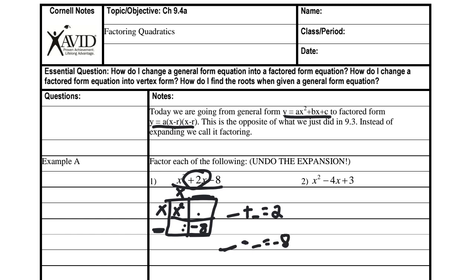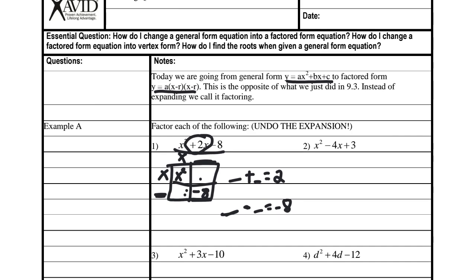So now we need to go through the factors of negative 8 and figure out which ones, when we add them, give us 2. So let's work through the factors of negative 8. Negative 8 can be multiplied to negative 8 and 1, but that's not going to work because negative 8 plus 1 doesn't equal 2. Negative 4 and 2, well, that's not going to work because that gets us a negative 2.